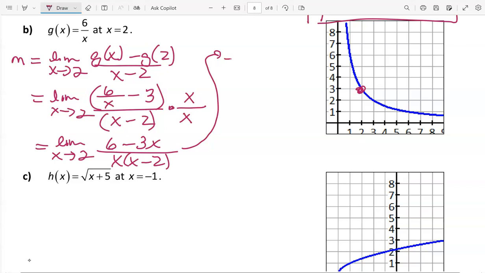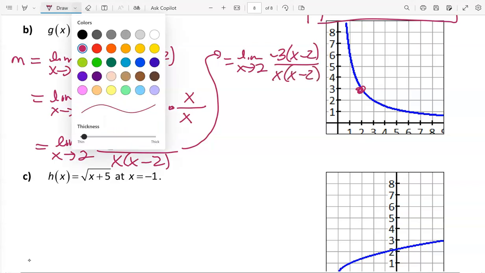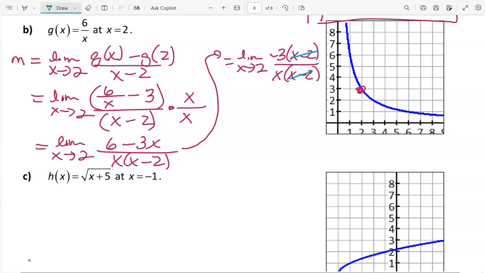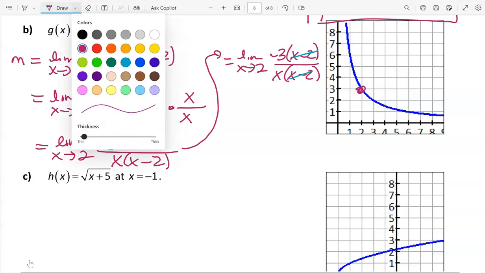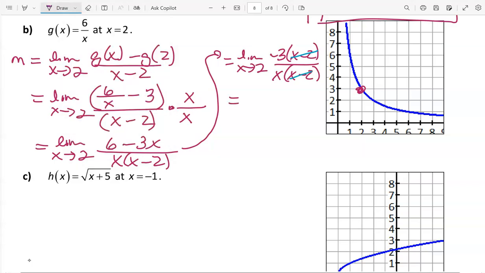Continuing, that's equal to the limit as x approaches 2 of -3 times x minus 2 divided by x times x minus 2. If we cancel our common factors of x minus 2, then the limit is of -3 divided by x. Since that has no discontinuity, we can find our slope of negative 3 over 2.